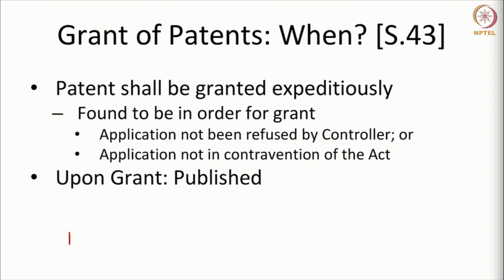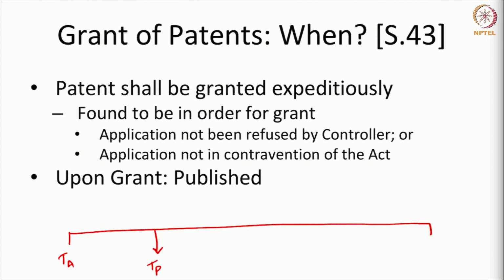So we had mentioned there are 2 publications. The time for application, soon after that, there is the first publication, which is called the time for publication before grant. This is the pre-grant publication. The object of the pre-grant publication is to put notice about the application to the world at large.